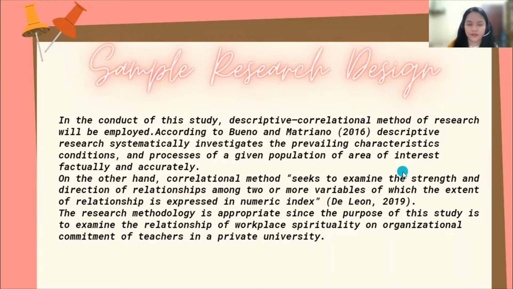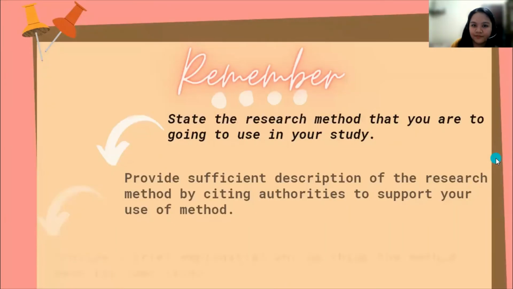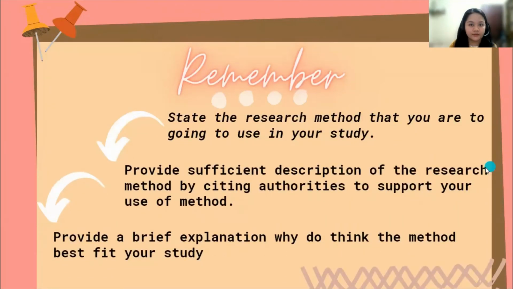So from those steps and tips that we discussed, first one, state your research method. Second one, provide prevailing description from other authors. The third one is connect your chosen research method to the purpose of your study. Okay. So remember our tips on how to write your research design. First one, state the research method that you are going to use.